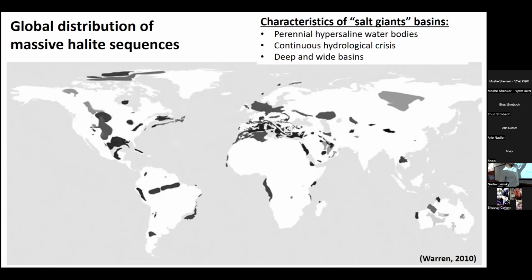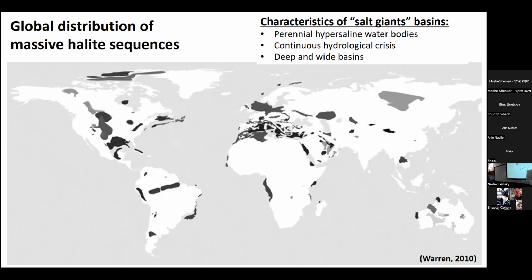It is well agreed by geologists that these salt giants are formed in perennial hypersaline water bodies and not in a seasonal wet and dry basin. To form a large salt layer, you need a continuous hydrological crisis, a negative water balance. Otherwise, salt is not formed.